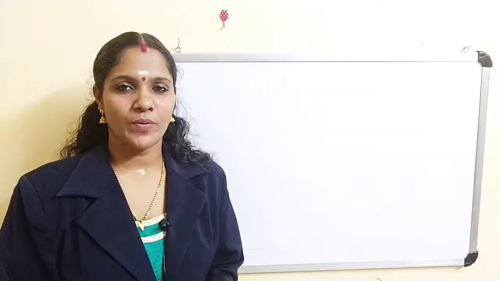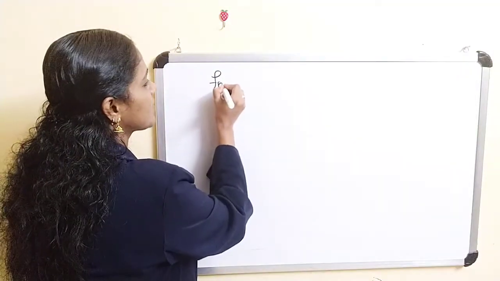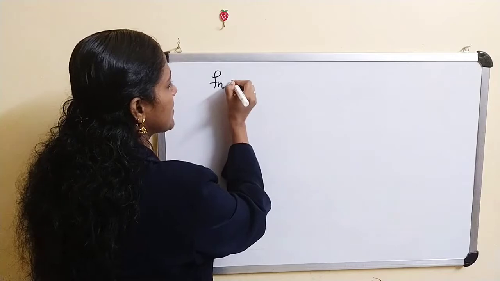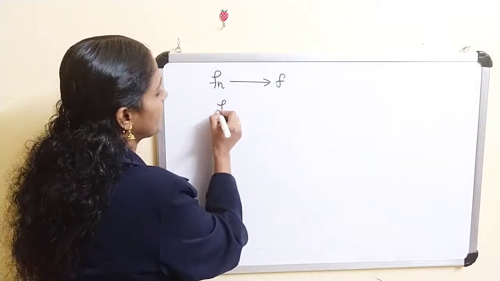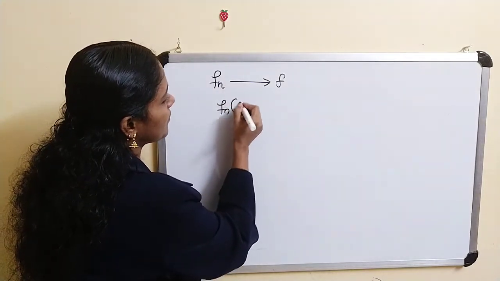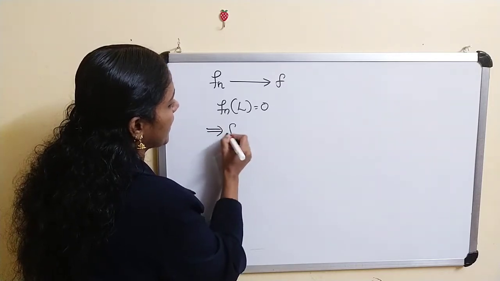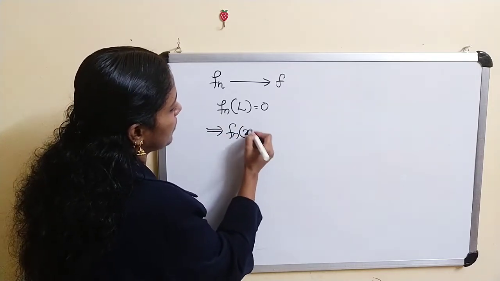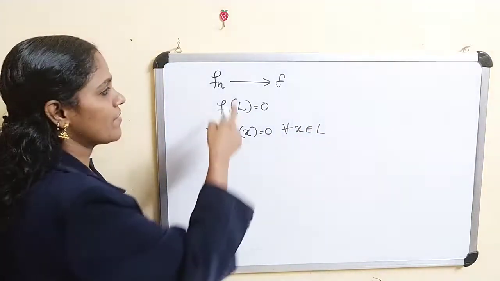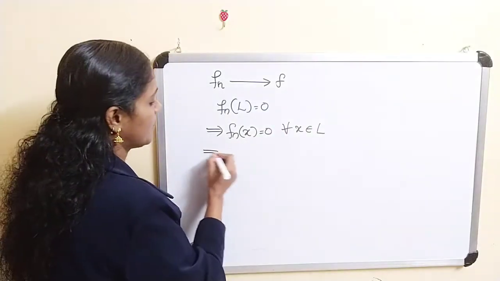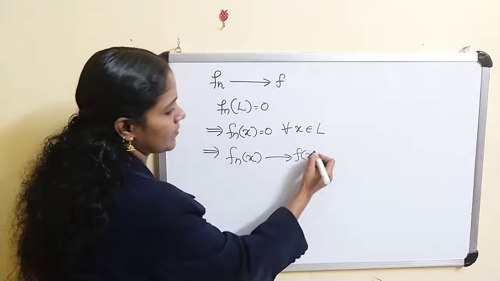Okay. Now we have to prove L perp is closed. Let Fn be a sequence in L perp such that Fn converges to F. Then the meaning of Fn being a sequence in L perp is that Fn of L is equal to 0. This implies Fn of x equal to 0 for every x belongs to L. Fn converges to F. This implies Fn x converges to f of x.